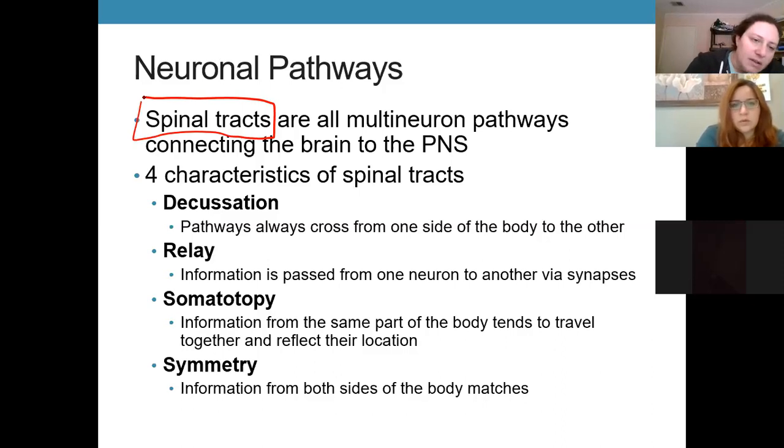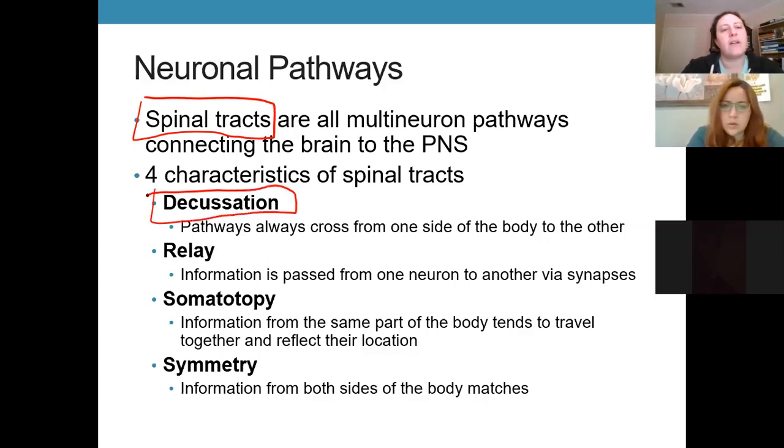One of them is called decussation, and decussation is the fact that they always cross from one side of the body to the other. If you remember, I mentioned in the brain that the left side of your brain controls the right side of your body, and the right side of your brain controls the left side of your body. Well, in order to do that, all the sensory information from the left side has to cross over at some point to get to the right side of your brain.